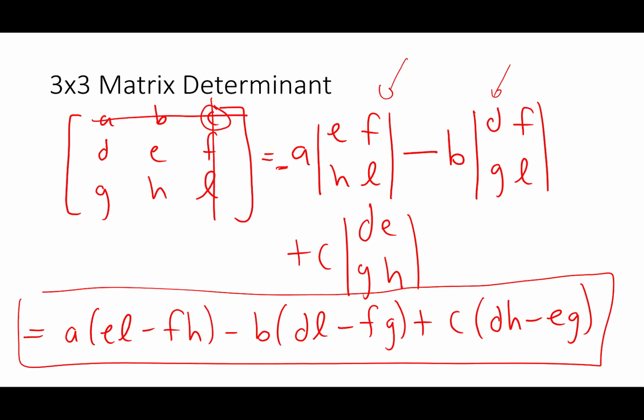So that's a 3 by 3 matrix determinant. Again, it is a little bit beefier than the 2 by 2 matrix, but imagine doing a 4 by 4. 4 by 4 is defined similarly, except you have 3 by 3 determinants going on everywhere.